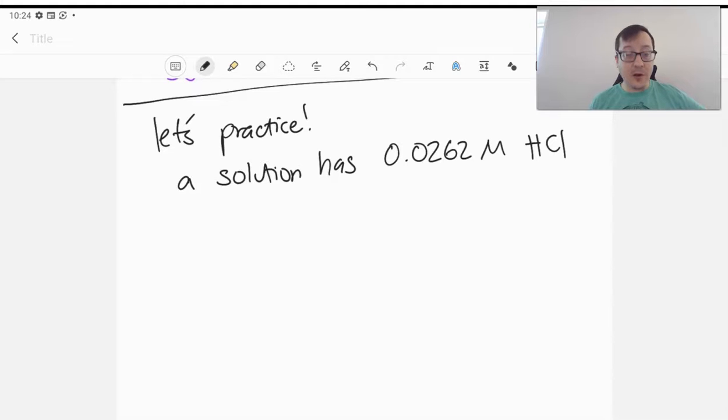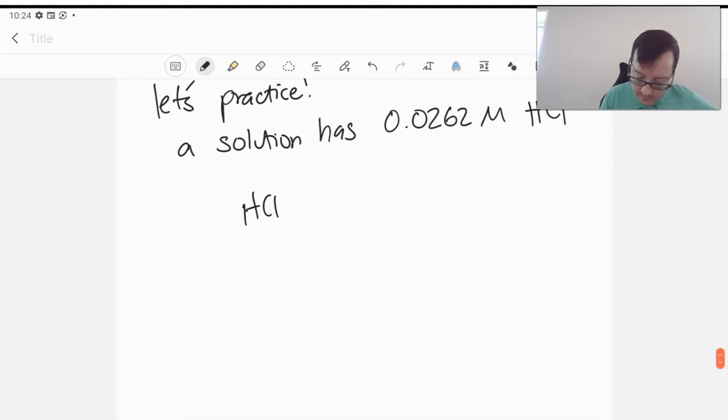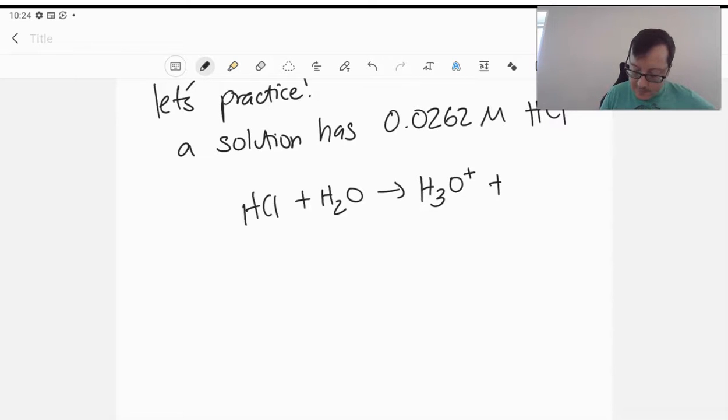HCl, as we know, is a strong acid. So HCl dissociating in water goes to completion. There's no equilibrium here, or the equilibrium is so far to the right that we don't really see any of our reactants hanging around.